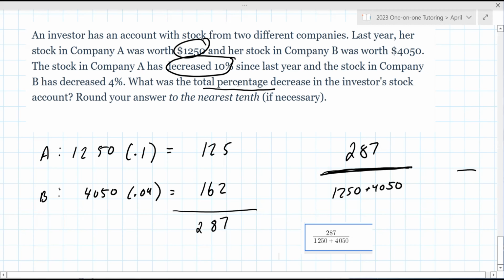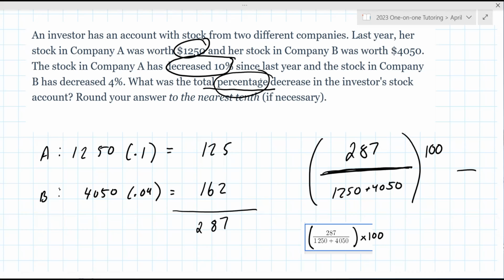But again, they want a percentage. So we're almost there. You got to multiply the whole thing by 100. So you can put some fraction bars around it. To do that, you can highlight the whole thing and add in a parenthesis. If you literally highlight over it and put a parenthesis, it'll put it around it, and then multiply by 100. That could make it easier for you.